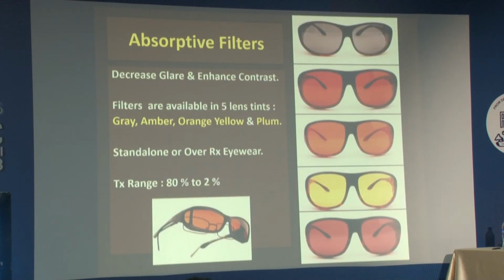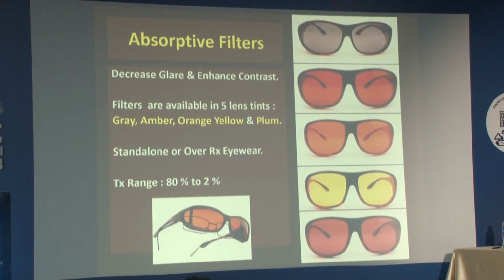So these absorptive filters also reduce glare and improve contrast. And there are basically 5 types. As you can see from top to bottom, they are gray, amber, orange, yellow, and plum tints, right? The first one on top, the gray one, and the one at the bottom, which is plum, reduce the overall transmission of light.